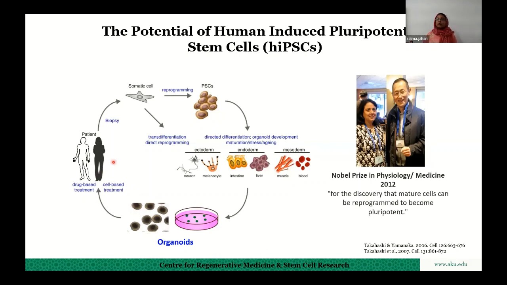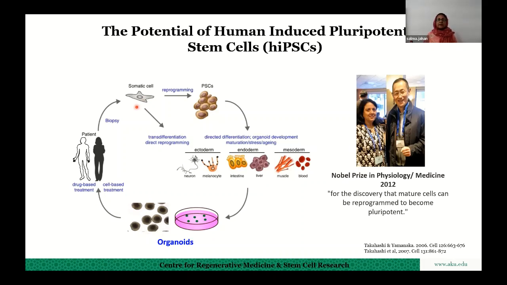I'm just going to go through quickly how we get the induced pluripotent stem cells in the dish. We can get a biopsy or skin cells from the patient and the healthy individual. Then these skin biopsies can be converted or grown into fibroblasts or somatic cells. And these cells are reprogrammed by multiple transcription factors we call the Yamanaka factors.